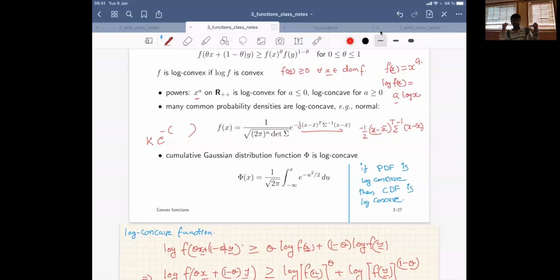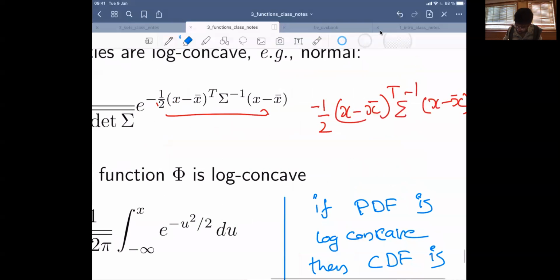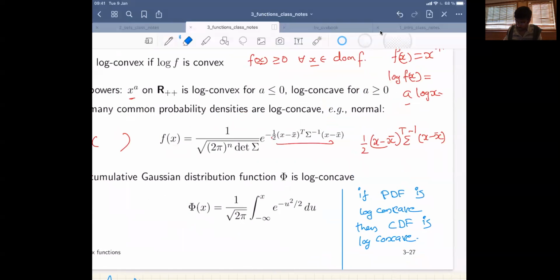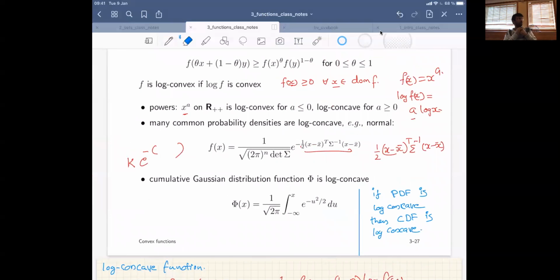So it depends. Okay, just remove the minus. What is remaining? Let's take the sigma inverse. If I say that sigma inverse is positive definite or positive semi-definite, then this function is convex, right?